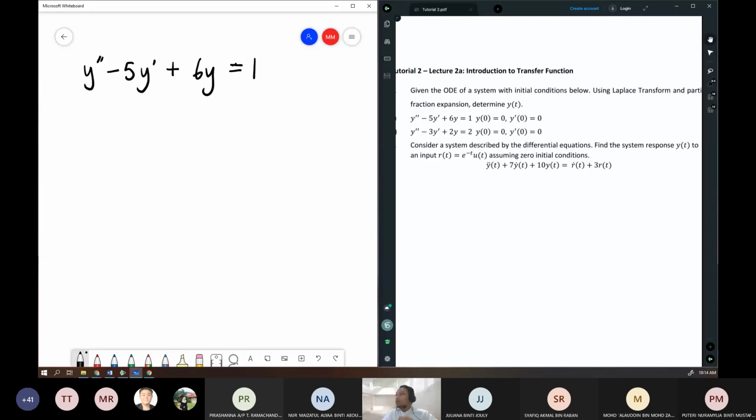Okay, so the initial conditions given to you is 0, meaning that you can just straight away apply Laplace transform and ignore the extra terms in the table. Okay, so if you remember the table.